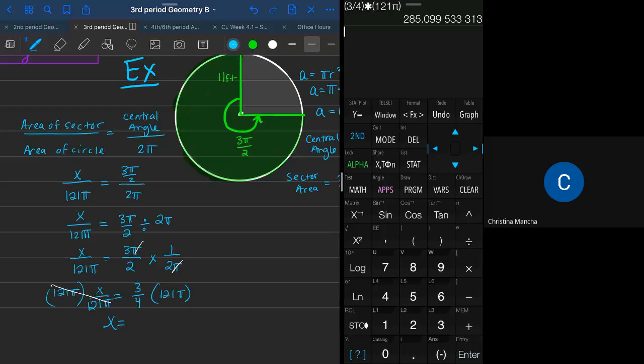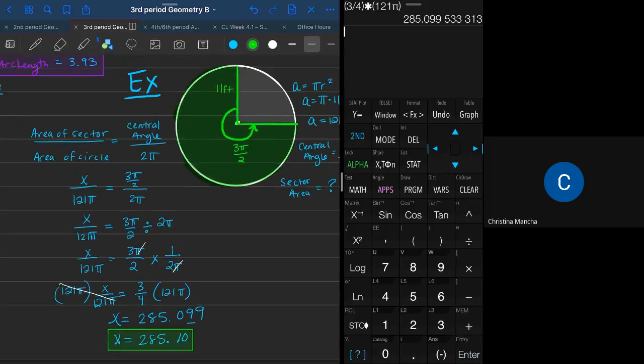And so then I get that x is equal to 285.099. We're going to round to the nearest hundredth. So that 9 turns it into a 10, which means that x is equal to 285.10. So this here is the area of the sector.